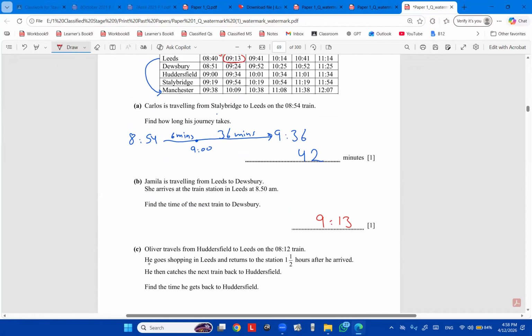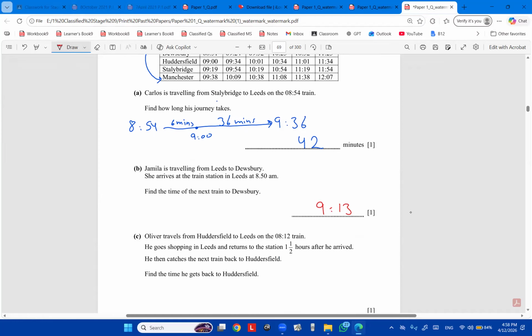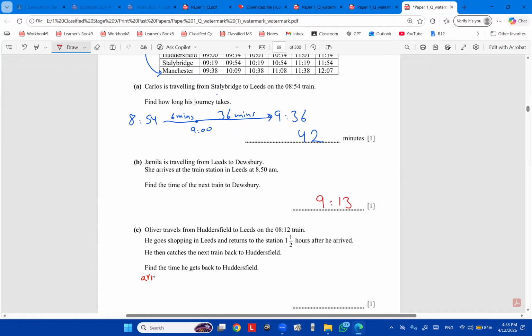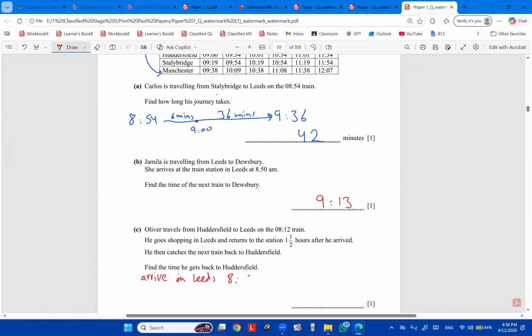But they're saying to you, he goes shopping in Leeds and returns to the station 1.5 hours after he arrived. So he will arrive in Leeds at 8:36.